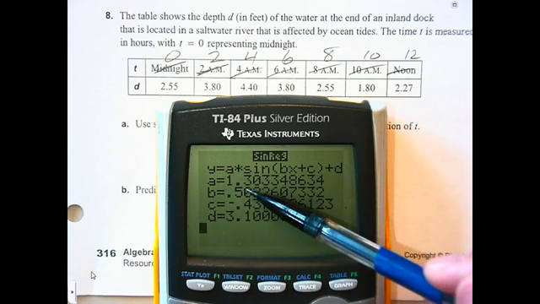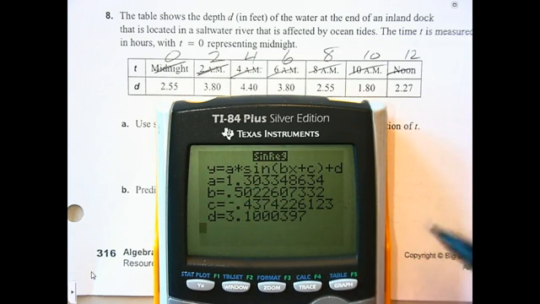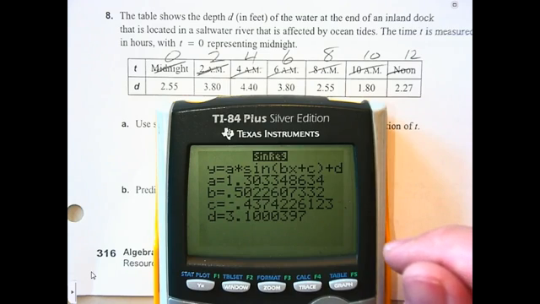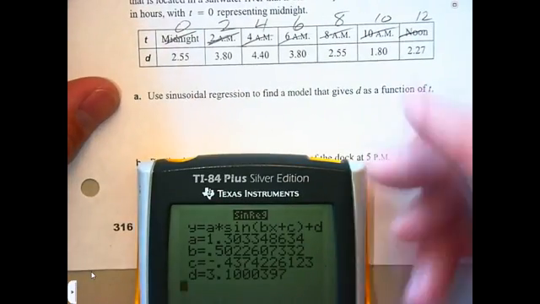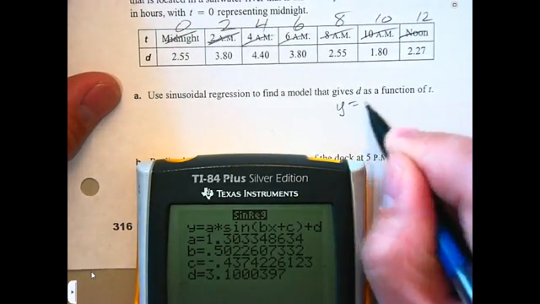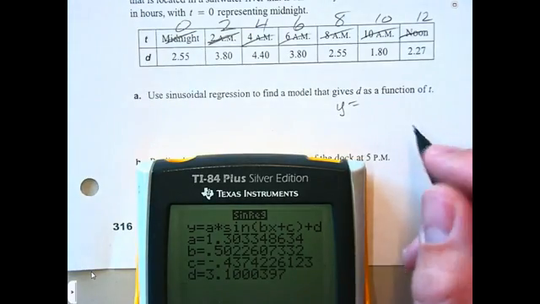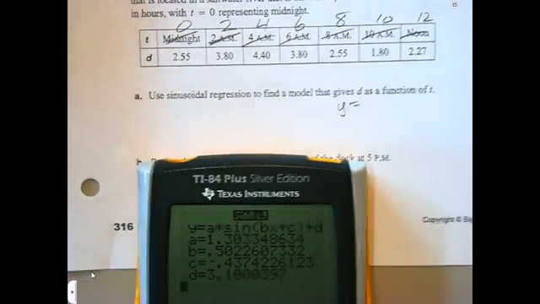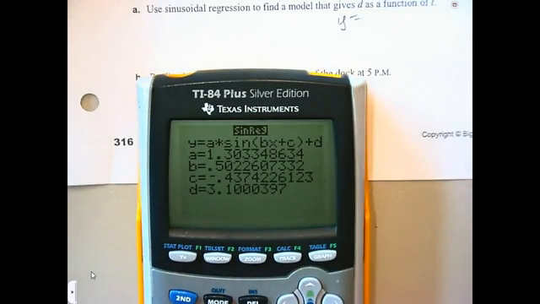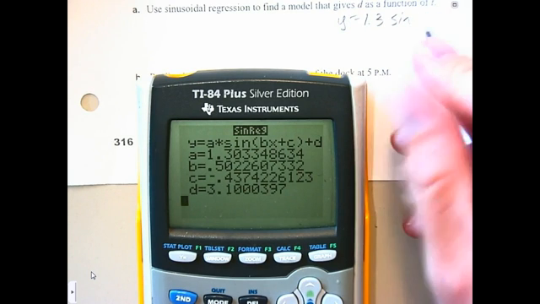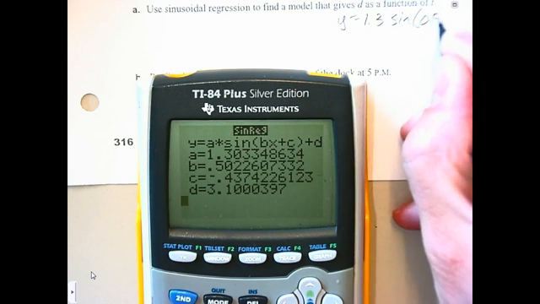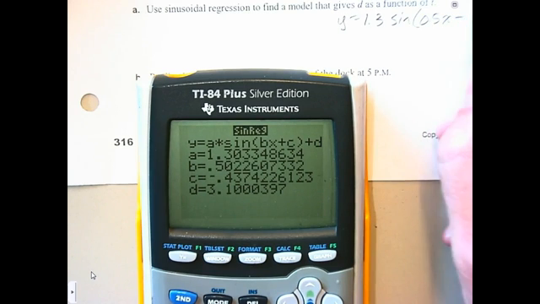And then they tell you what A, B, C, and D are. We're going to round to the nearest tenth on this. So if I'm writing it out, y equals 1.3 sine 0.5 x minus 0.4 plus 3.1.